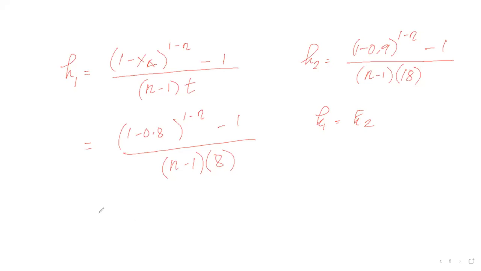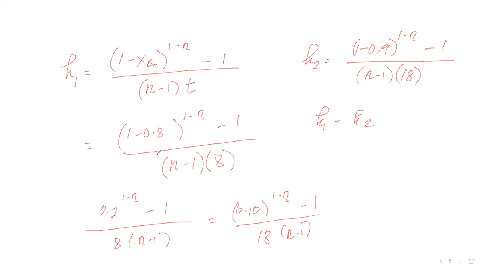So you have here 0.2 raised to (1 − n) minus 1 over 8 times (n − 1), equated to the K2 expression, 0.1 raised to (1 − n) minus 1 all over 18 times (n − 1). You equated the two because we're talking of the same rate constant for a particular reaction. So our rate constant should not change.